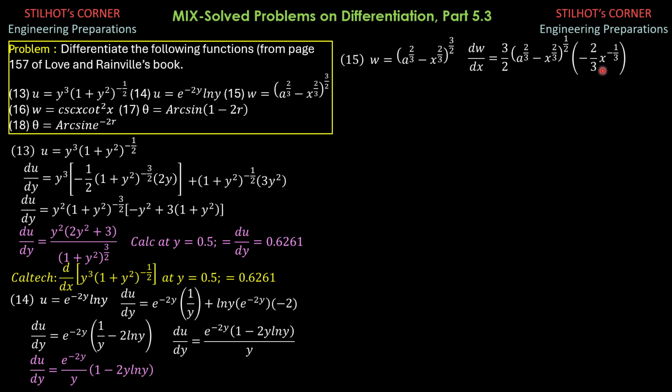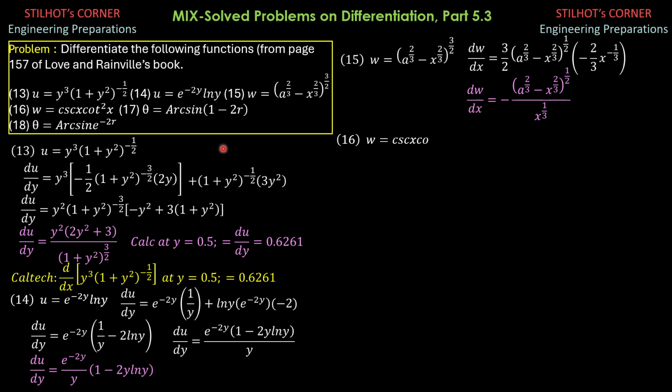So cancel 3/2 and 2/3, so that's negative. Then bring down x to the negative 1/3 in the denominator. So the final answer is negative of quantity a to the 2/3 minus x to the 2/3 to the 1/2 over x to the 1/3. Then check this using the high-tech calculator and using this approach here. The answer should match.